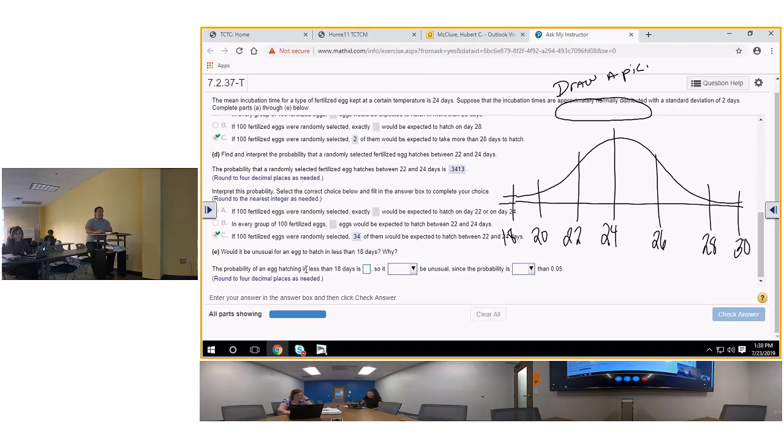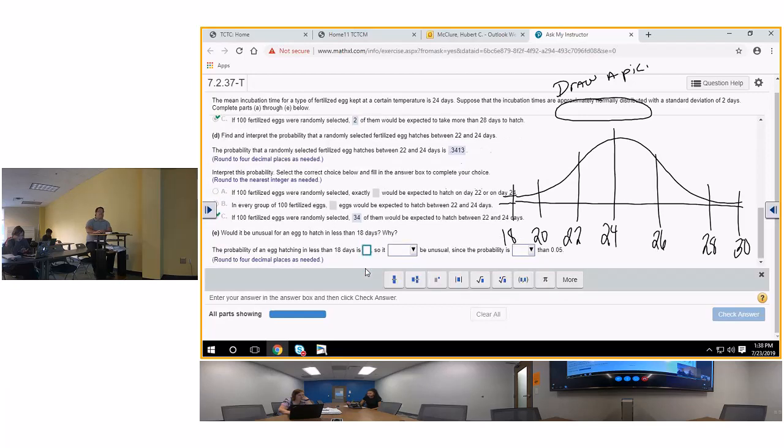The probability of an egg hatching in less than 18 days. Now, what did we say this was? 2.25. So this is going to be around 0.15, which is 0.0015. So write down 0.0015. Somebody do from negative 9999 to what's 18 minus 24? Negative 6, negative 3. From negative 9999 to negative 3, what do you get? 0.0013.